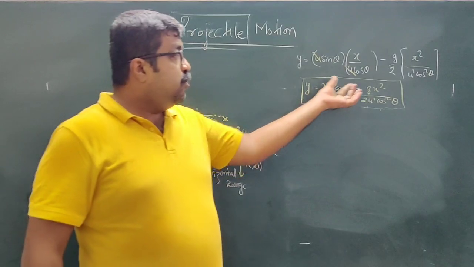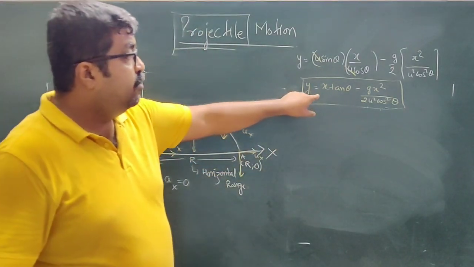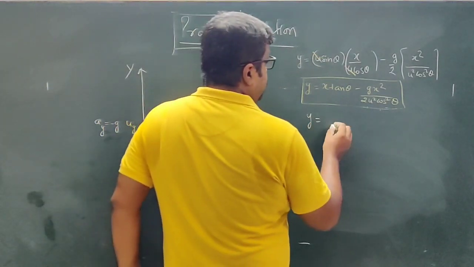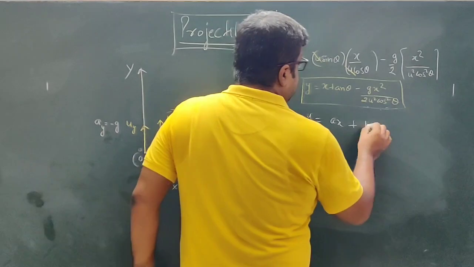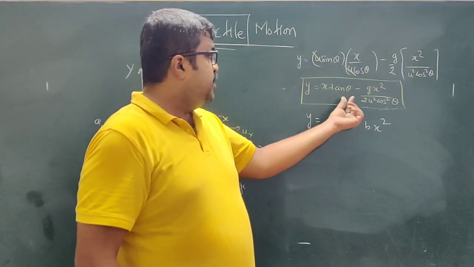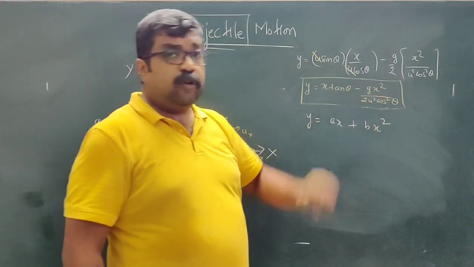if you substitute all these values, then you will have an equation of this general form, y is equal to ax plus bx square. Suppose a represents tan theta, and b represents minus g by 2u square cos square theta.